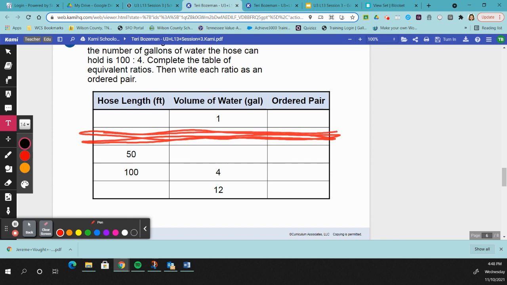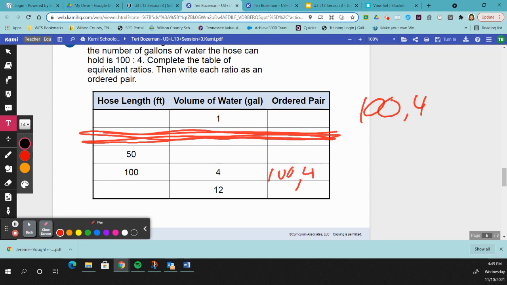So we have a fire hose in this problem, and for every 100 feet of hose, you have 4 gallons of water. So that's our original ratio. And we want to be able to fill in all of these missing pieces. So if we know that we have 100 to 4, right? That's our ordered pair.